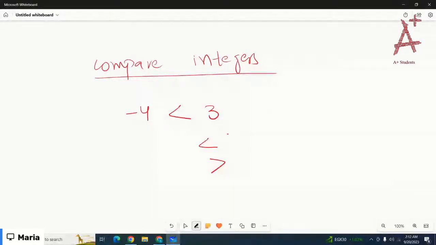Okay. Another example is negative 8 and negative 4. Now you're comparing two negative numbers. How do you compare negative 8 and negative 4? Is it less or is it greater? Here is the number line. Here is 0.